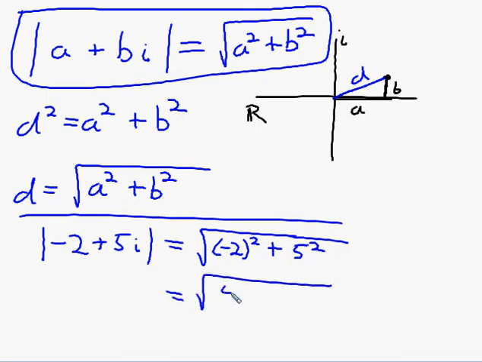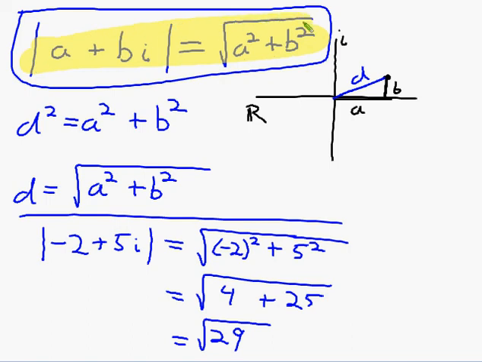Negative 2 squared is 4, 5 squared is 25, and we get the square root of 29. So obviously we do see that there is a benefit to knowing that the absolute value of a complex number is the square root of a squared plus b squared, and it makes it a lot simpler, then you don't have to graph it.